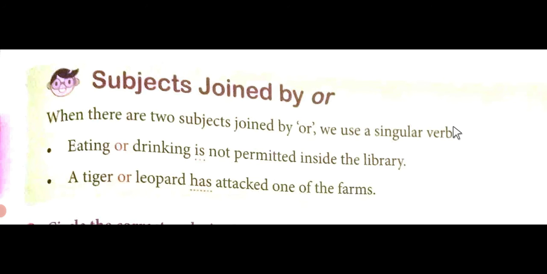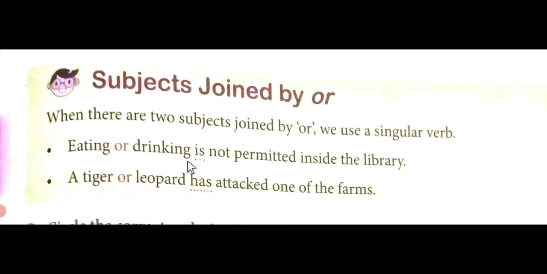In the previous one also, when two subjects joined by "and" are seen as one and the same thing, we use a singular verb. In this second case also, with subjects joined by "or", we use a singular verb.